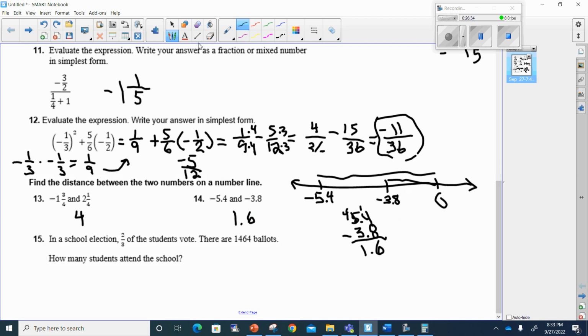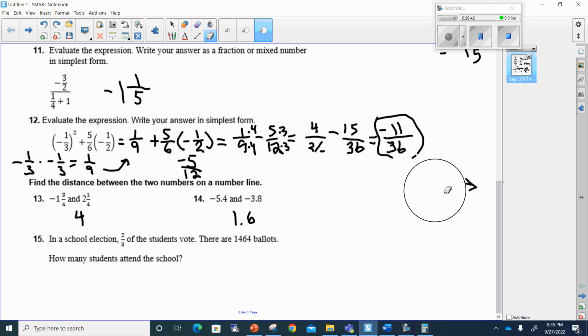We're doing number 15 now. Number 15. All right, let me give myself some space to work here. I'm going to erase all this. All right, and this says, in a school election, 2/3 of the students vote. There are 1,464 ballots. How many students attend? To do this, I would cross and multiply.